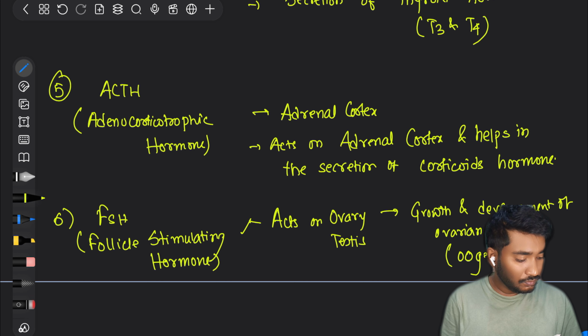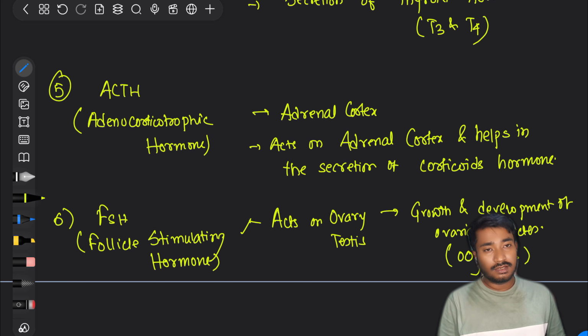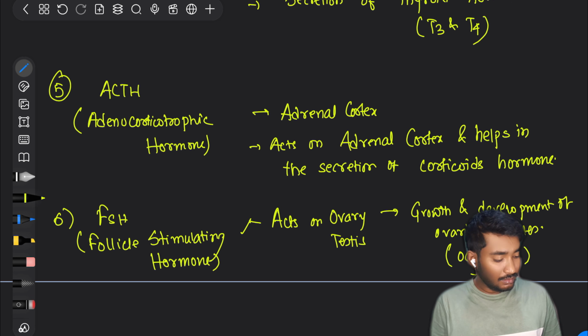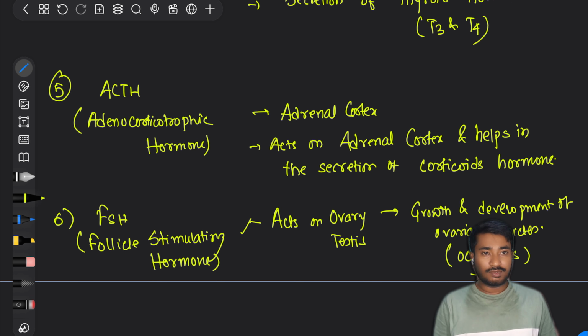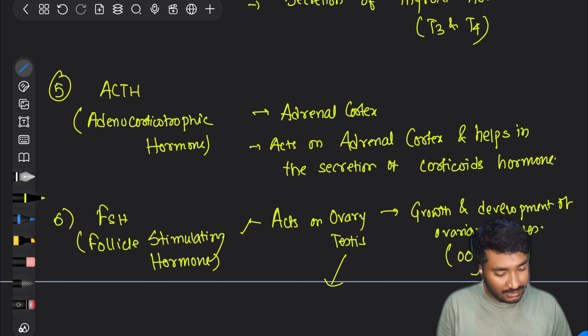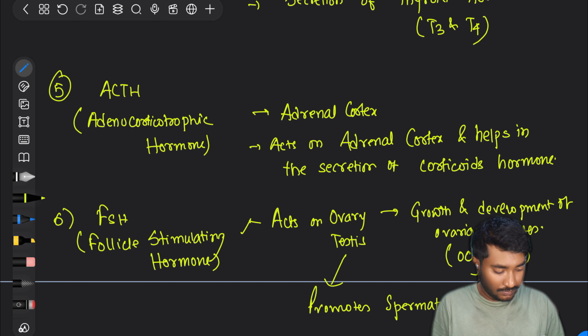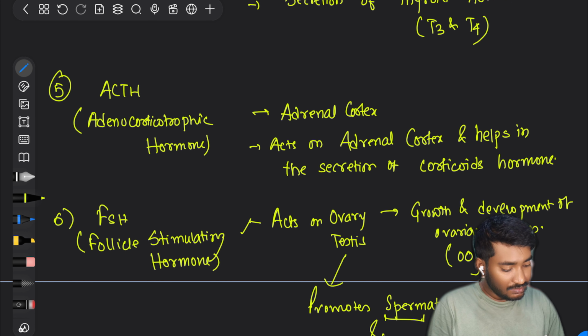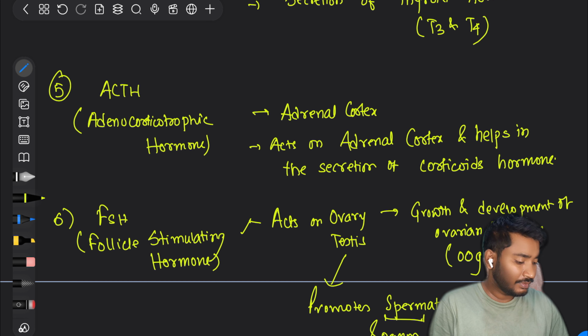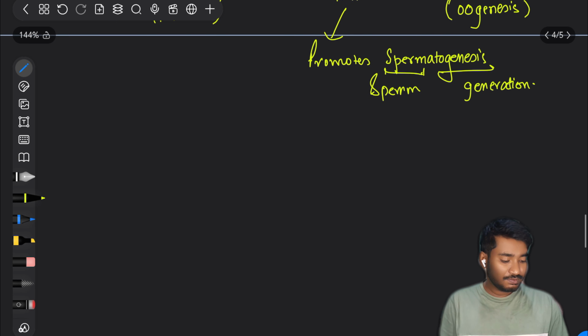That is also called oogenesis. We'll deal with oogenesis in the chapter human reproduction. And in testis, the FSH promotes spermatogenesis. Spermato means sperms, and genesis means generation. So it helps in the generation of sperms.